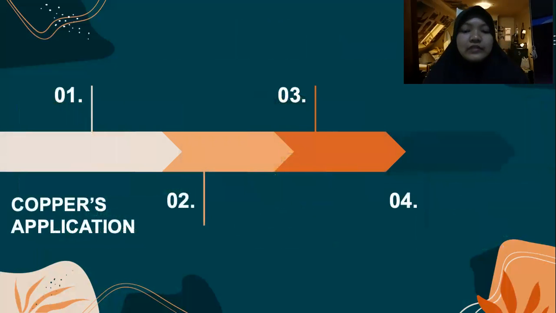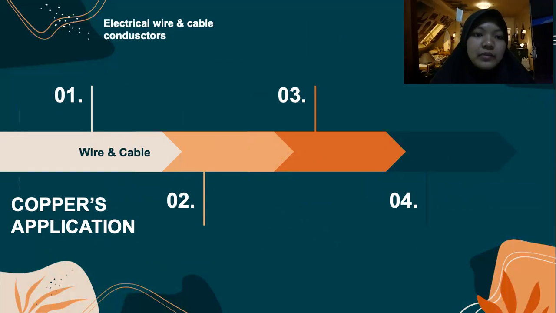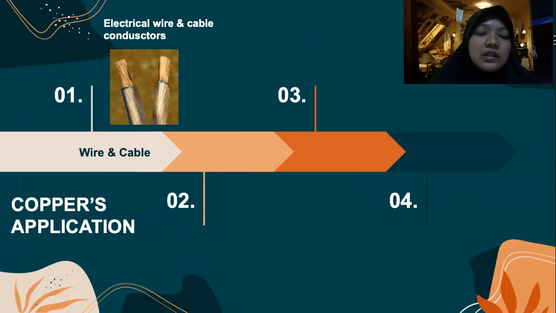And then after we know how the copper is processed, now we will talk about the common uses of copper, or the applications. The first one is wire and cable. This is the most common use of copper, and we often know it is used as electrical wire and cable conductors.